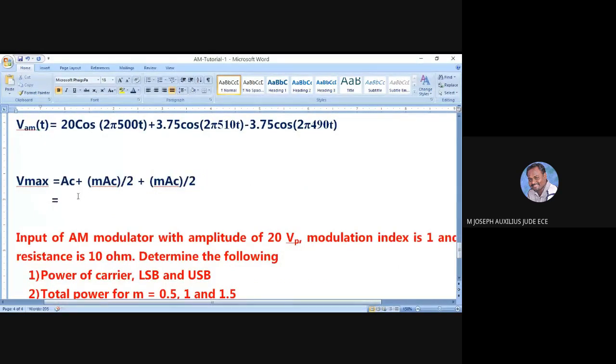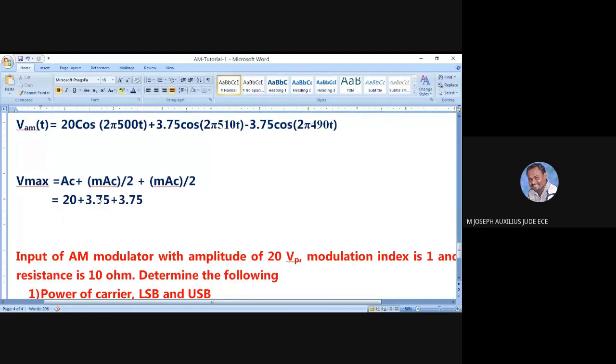So substitute the value. AC equals 20 volts. 20 plus mAC by 2, which is 3.75. What will be the answer? 27.5 volts. So Vmax is 27.5 volts.